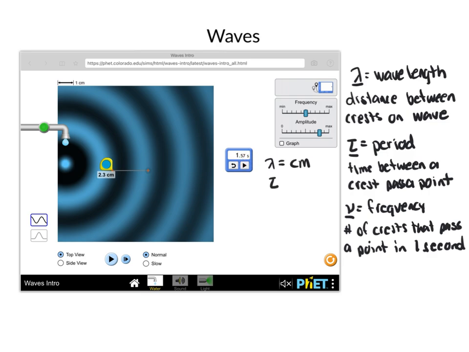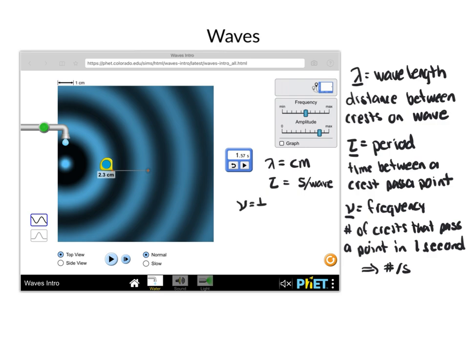If I want the frequency, remember, that is the number of waves that pass in 1 second. So I want the number per second. This is the seconds per wave, because it's per one wave passing a given point. So if I want the number of waves per second, I would just flip this over.